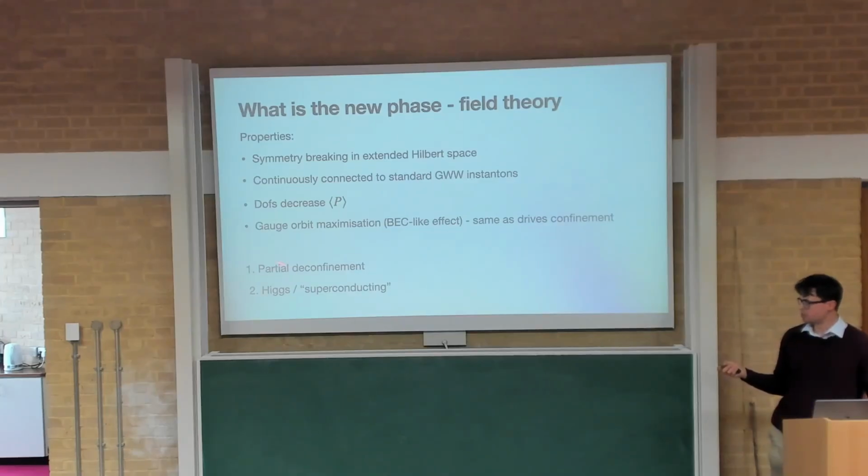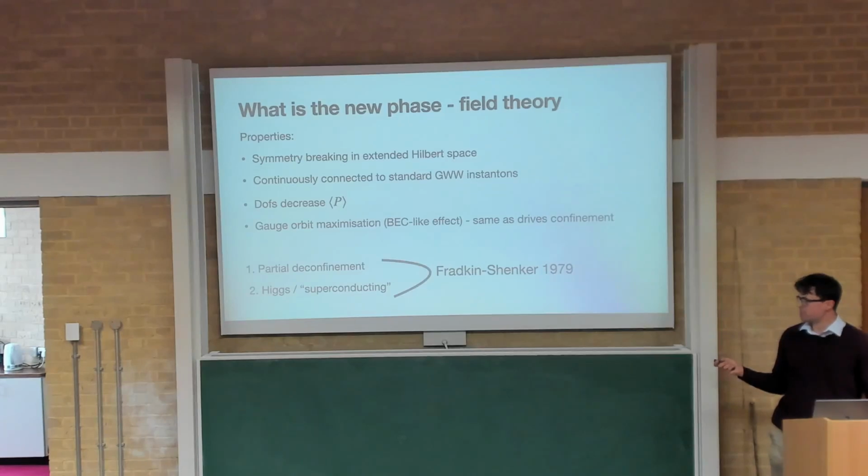So two natural proposals would be that this represents the partially deconfined phase, or it could be something like a Higgs phase, like the paper by Henriksson and his collaborators on the previous slide suggested.